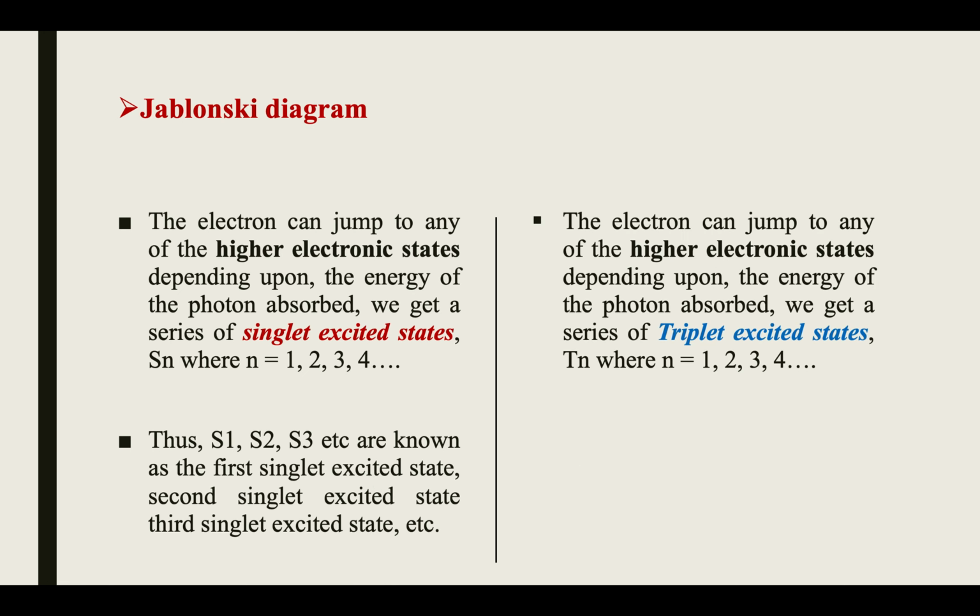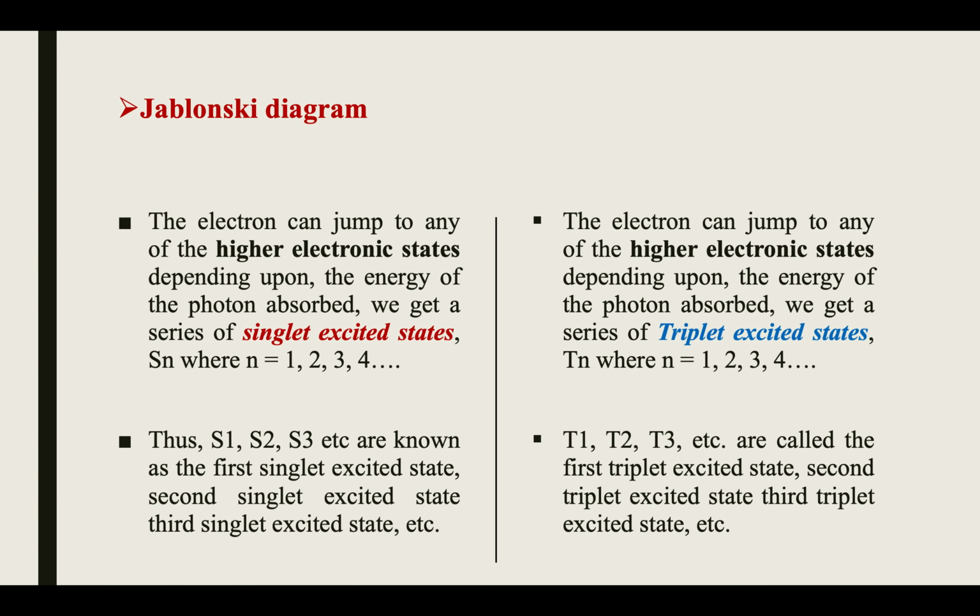The electron can jump to any of the higher electronic states depending upon the energy of the photon absorbed. Then we also get a series of triplet excited states. So it can go to either singlet or triplet at the higher electronic state. That will depend on how much energy is absorbed, that is, what the energy of the photon was. Here the triplet state is represented by Tn, and n can be any integer 1, 2, 3 and 4.